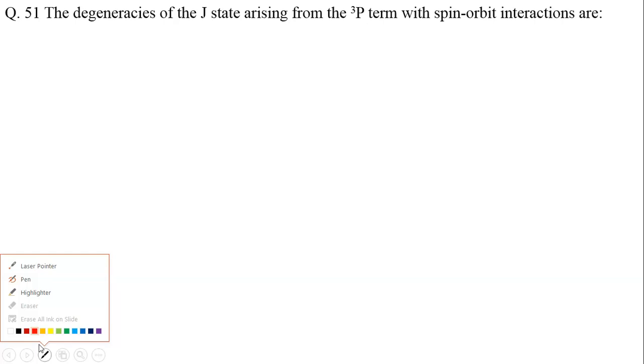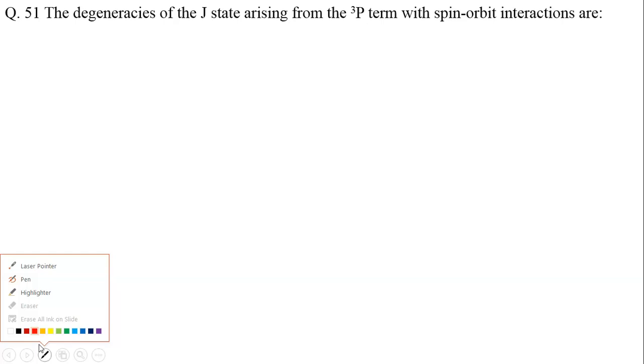So here the question is, the degeneracies of the J state arising from the 3p term with spin orbit interactions are. So the degeneracy of the J state. You know, if the state is denoted by J, then the degeneracy will be 2J plus 1, is it not?